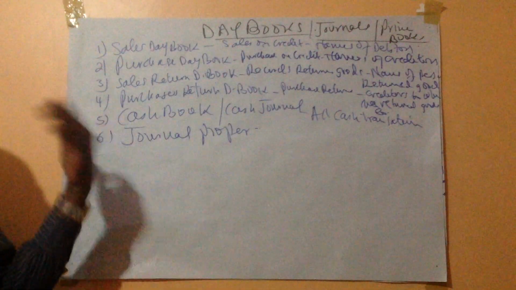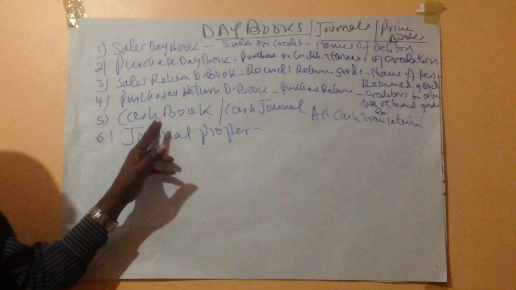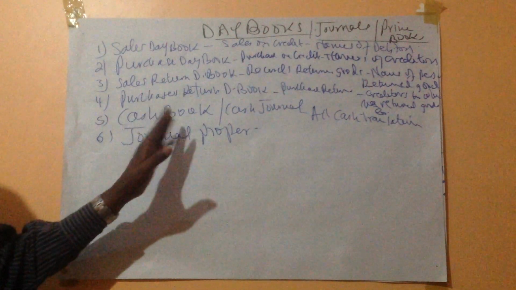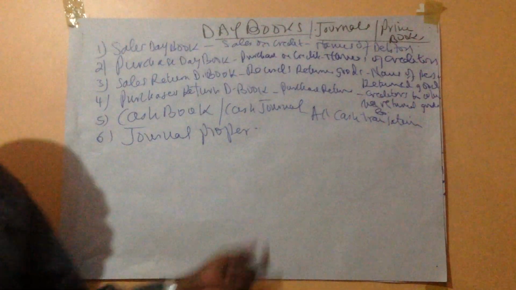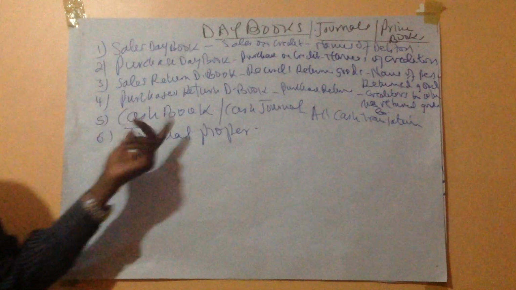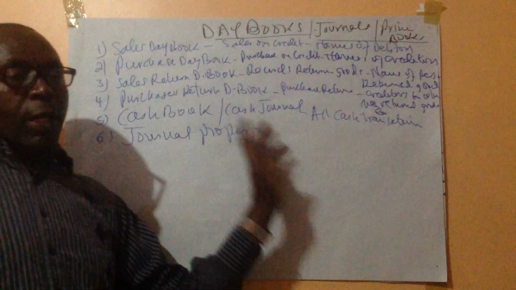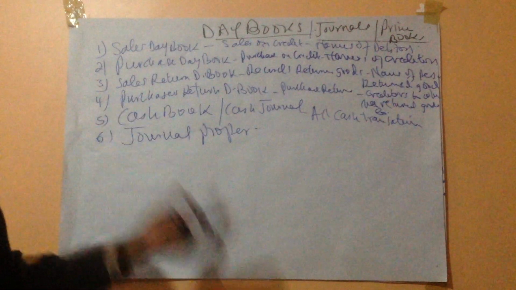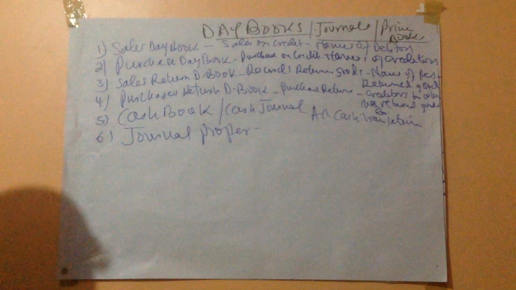It accepts any payment or receipt of cash by the business. So the cash book is the main book in which any cash transaction is recorded. Any cash transaction is recorded with the day and date, the details or explanation of from whom you are receiving or whom you are paying money, and then the amount column.